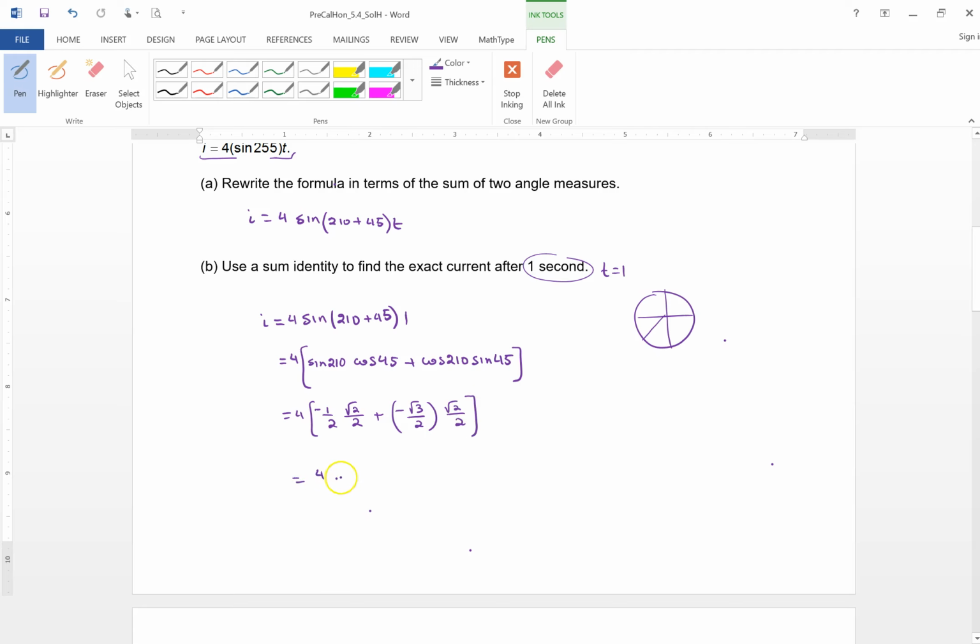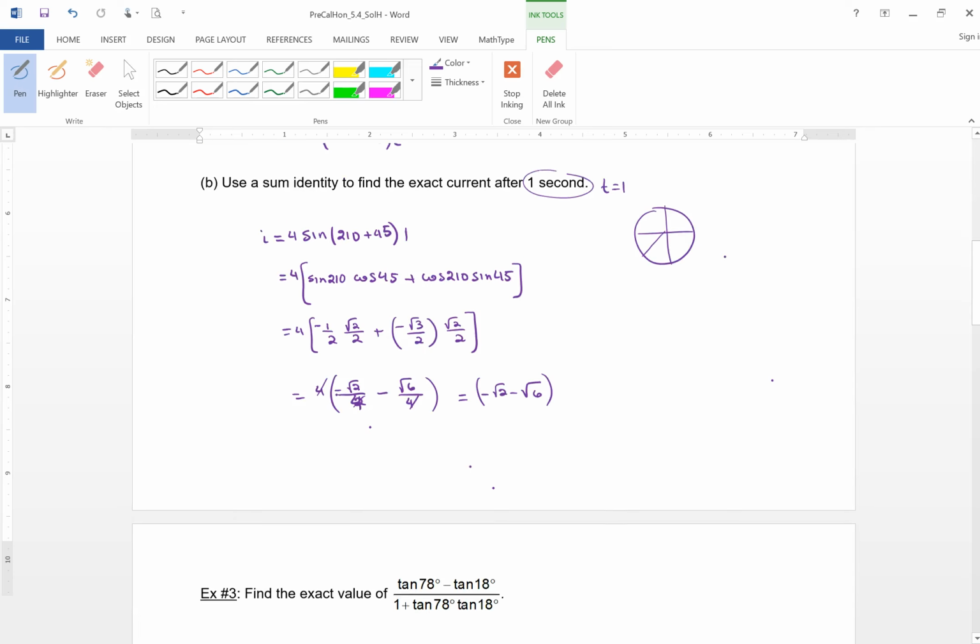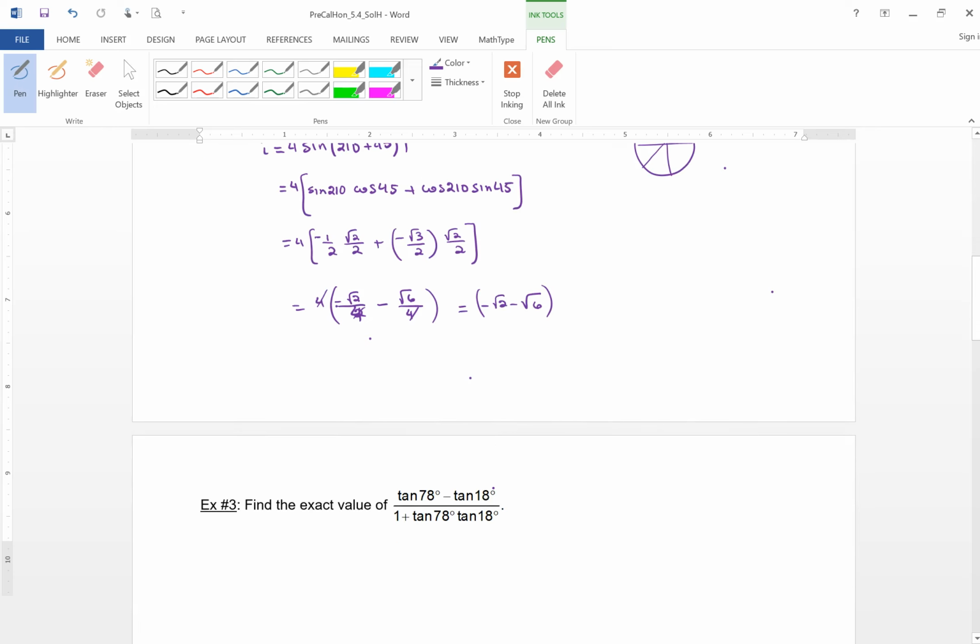So this is 4 times negative root 2 over 2 minus root 6 over 4. The 4's cancel. So this is negative root 2 minus root 6. Wait, doesn't it just say negative 2 minus root 6 over 4? Right, but there's a 4 here and it cancels.